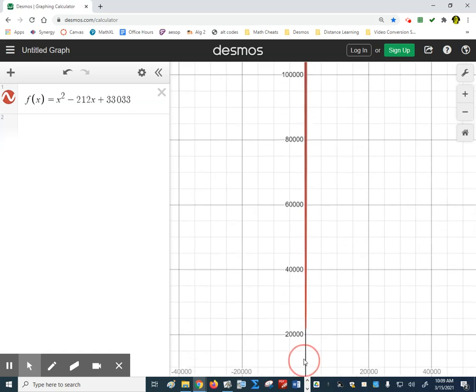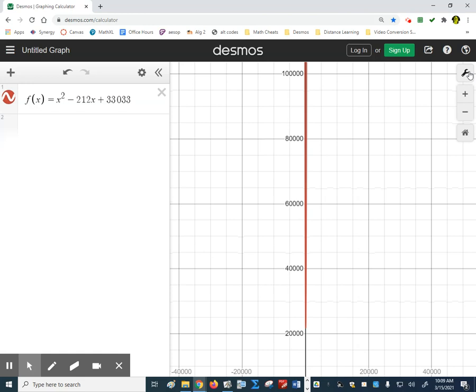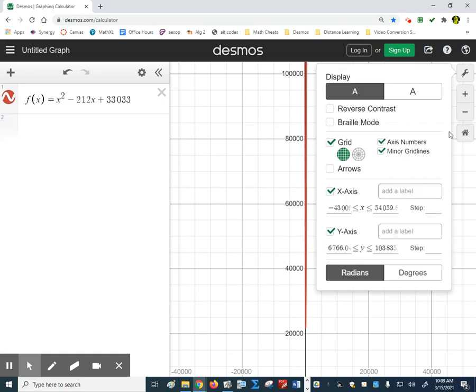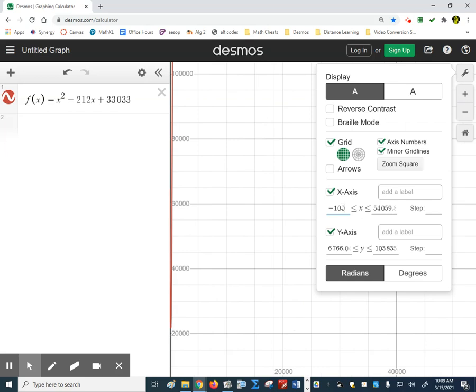So let's tweak this graph a little bit. We're going to stretch this thing out on the x-axis. So let's go from like negative 100 to positive 100 and see what that looks like.